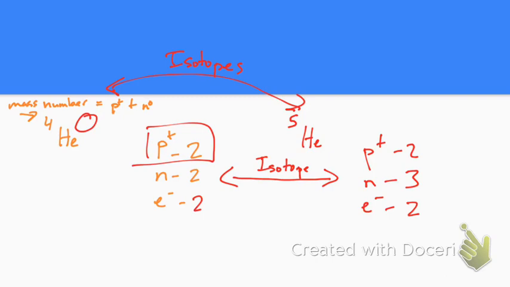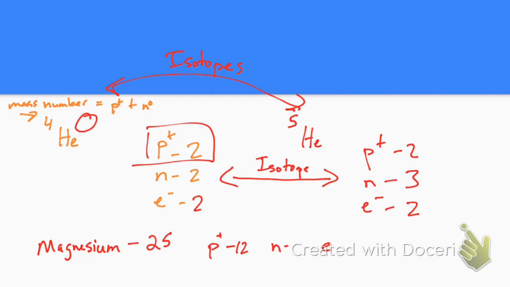Let me give you another example. Let's say I gave you magnesium-25. How many protons, neutrons, and electrons? First, for magnesium, I look at the atomic number, which is 12, so that's the protons.